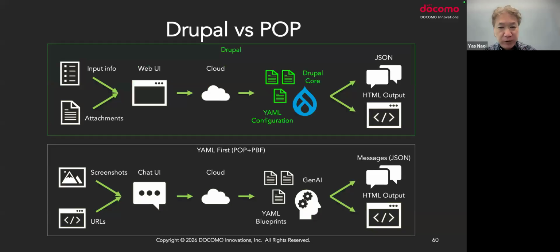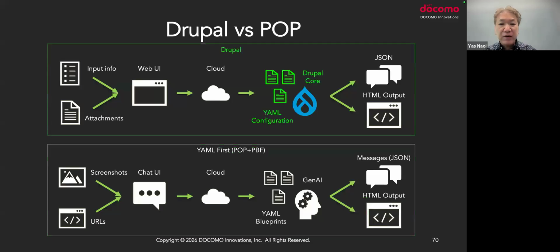Then, Drupal core renders the YAML for the configuration, then to HTML or JSON output. With YAML-first POP, input goes through chat UI and then YAML blueprints through the LLM and self-validation, then to JSON for chat messages or HTML output.